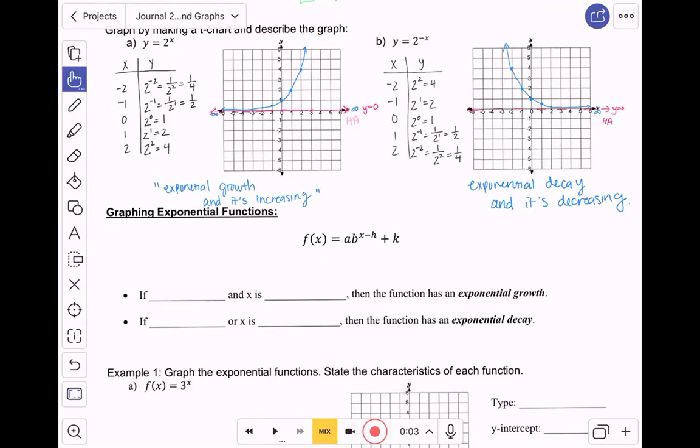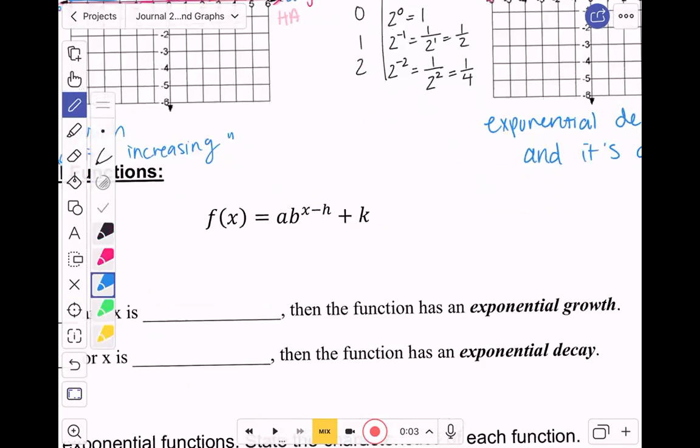When you're graphing exponential functions, you need to be aware of the base. Actually, let me write that over here so I have some room. So we have the base, which is your b, and then you have what we call the h.